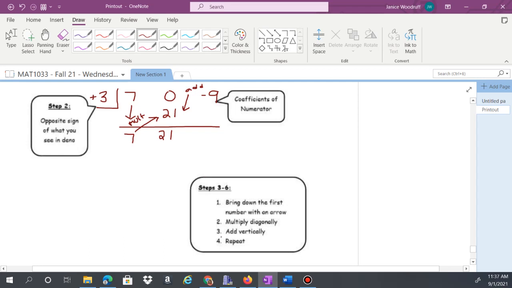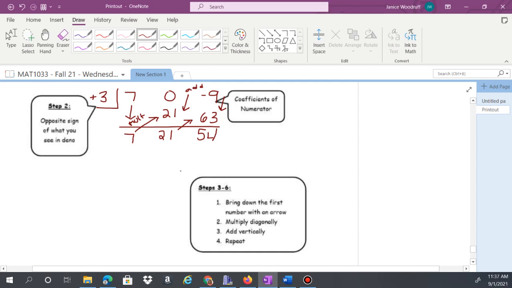Then I repeat. So 21 times 3, 63. And then I add negative 9 plus 63. 54, I think. 54. And you keep doing that until you get to the end.